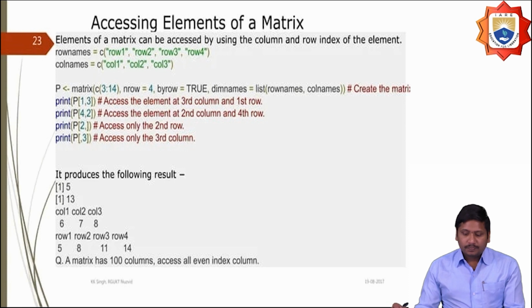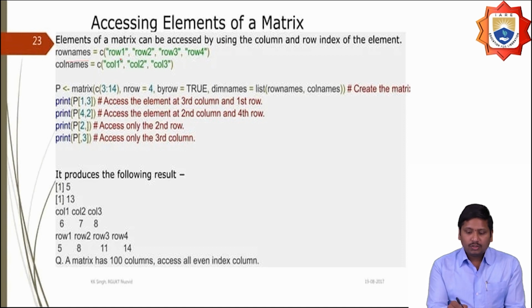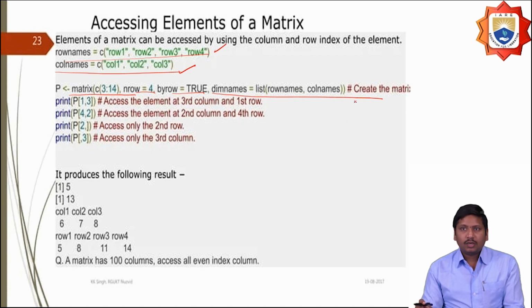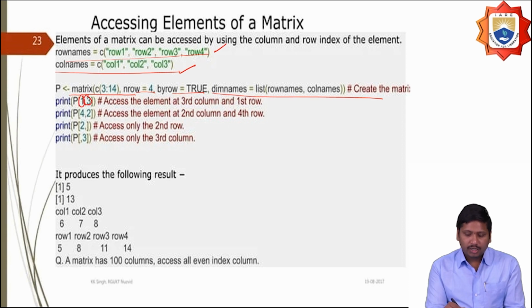The elements of a matrix can be accessed by the column and row index of the element. Here are the row names and the column names. If I write a matrix of, say, 1 to 3 with nrow and byrow TRUE, with the dimension names, and I want to access the third column of the first row, this is the row indication and this is the column indication.